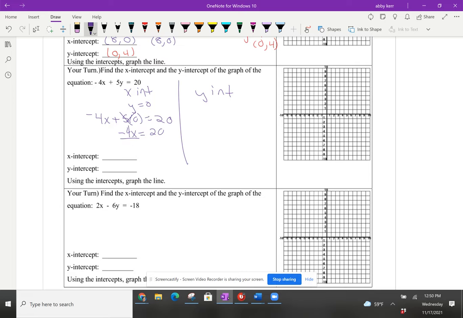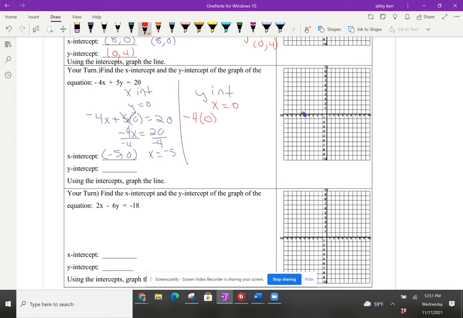We are trying to find the left and right movement. In this case, it's going to be actually left because it's negative. So negative 5 comma 0, plot the ordered pair. I personally like to switch colors.